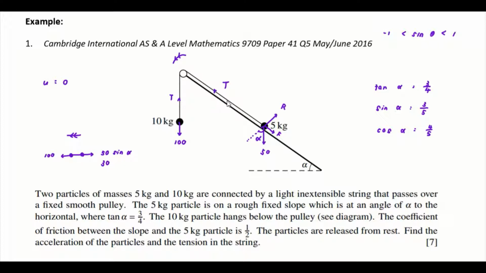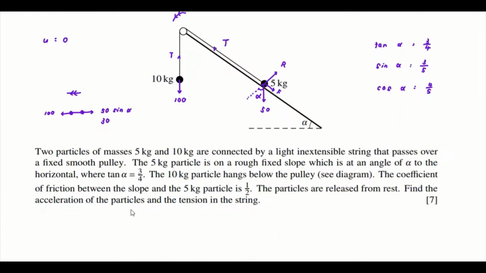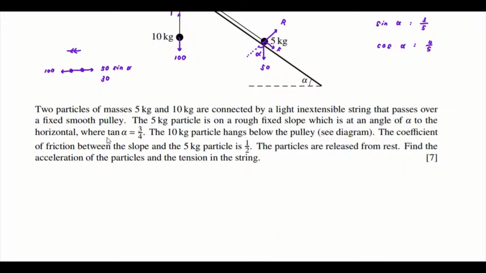All right, so when we try to solve this question, I think it's good that we do some recap here, in case you forget how to solve it as a combined system or as separate ones. Let's start with the separate one. If we solve them separately, we will have these two different things. The first one is for the 10 kg one.